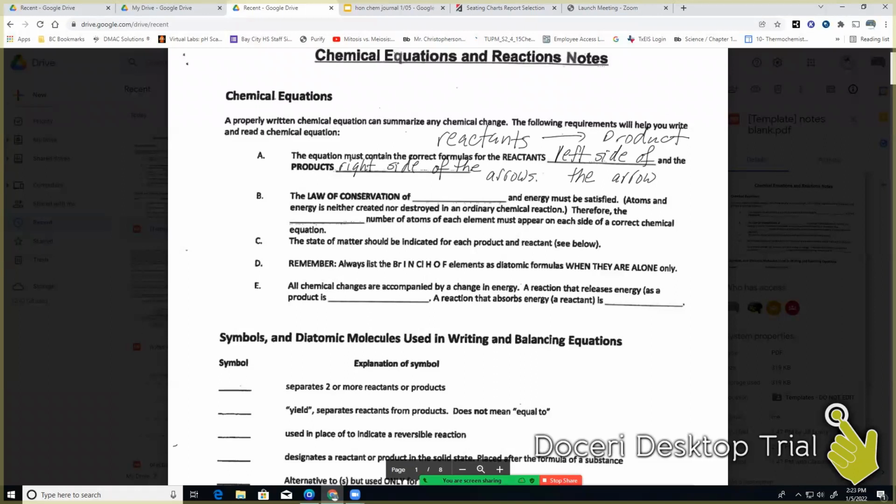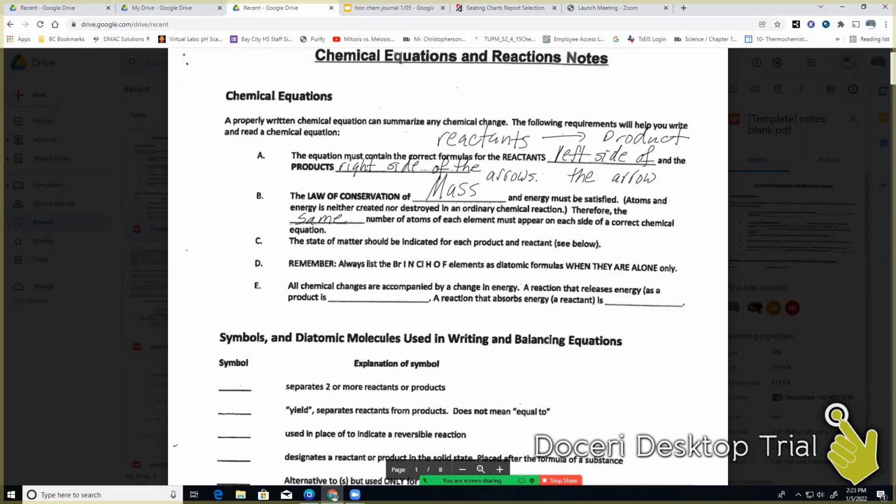The law of conservation of mass and energy, we're not so much worried about the energy right now, we're really concerned about the mass, says that you have to have the same number of atoms of each element on each side of the equation. That's because neither matter nor energy is created or destroyed during a chemical reaction.